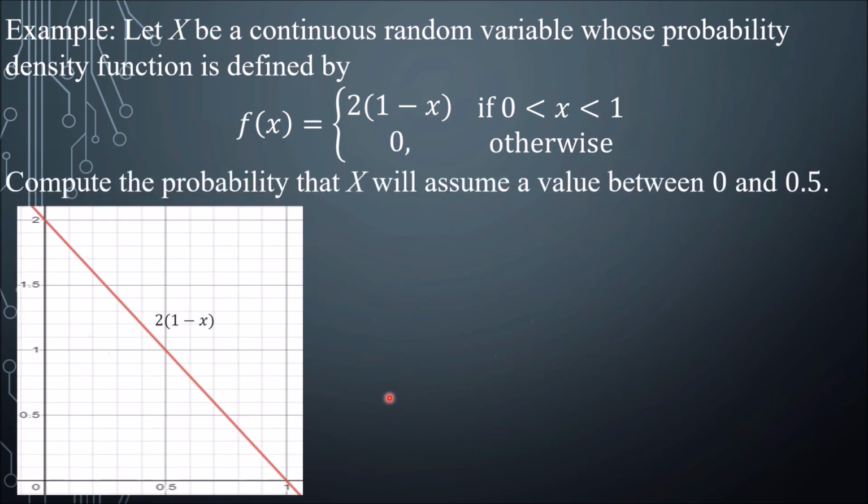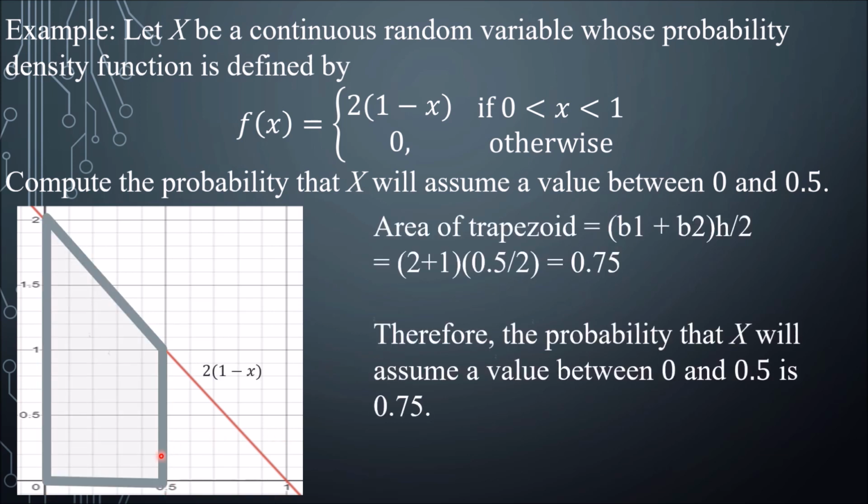Okay, next, compute the probability that x will assume a value between 0 and 0.5. So from here, from 0 to 0.5, we'll have this shaded part. This is a trapezoid, so we need to compute the area of this trapezoid. The formula is (base 1 plus base 2) times height over 2.